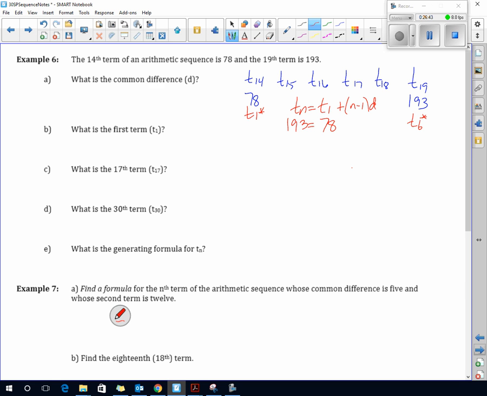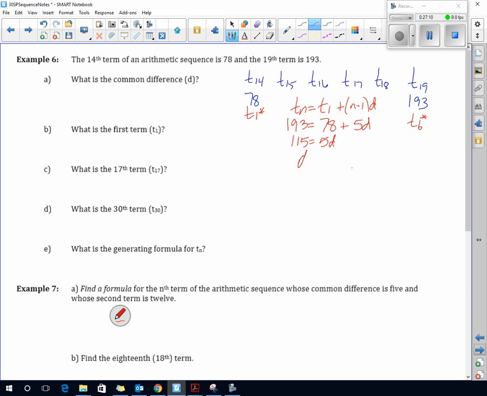So he subtracted the 78, the logic was really good, and he got, what, 115? Is 5d? Did I do the math right there? Yeah. And then divide, you get 23. So there's my common difference.